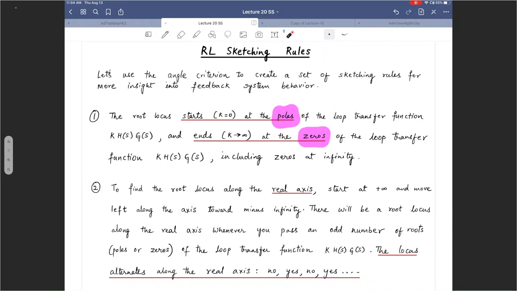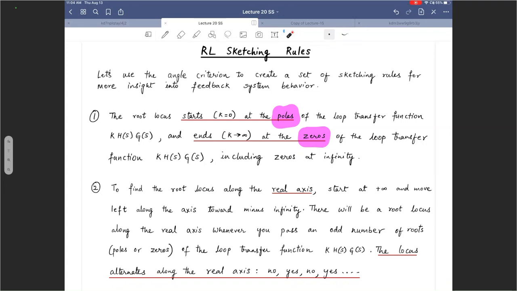The second rule is to find the root locus along the real axis. There is a big statement here, but in reality, it simply means the root locus alternates along the real axis. No, yes, no, yes, no, yes, and so on. It's a very simple statement, but all the details are provided here.